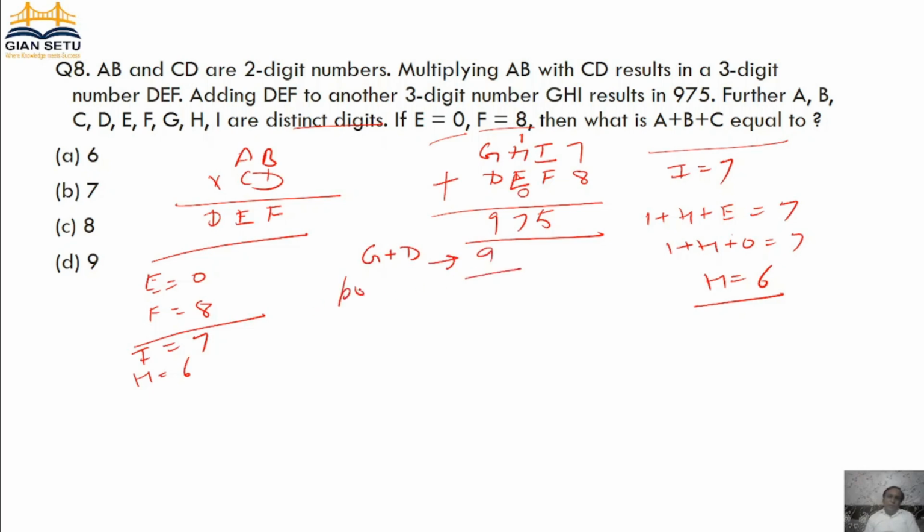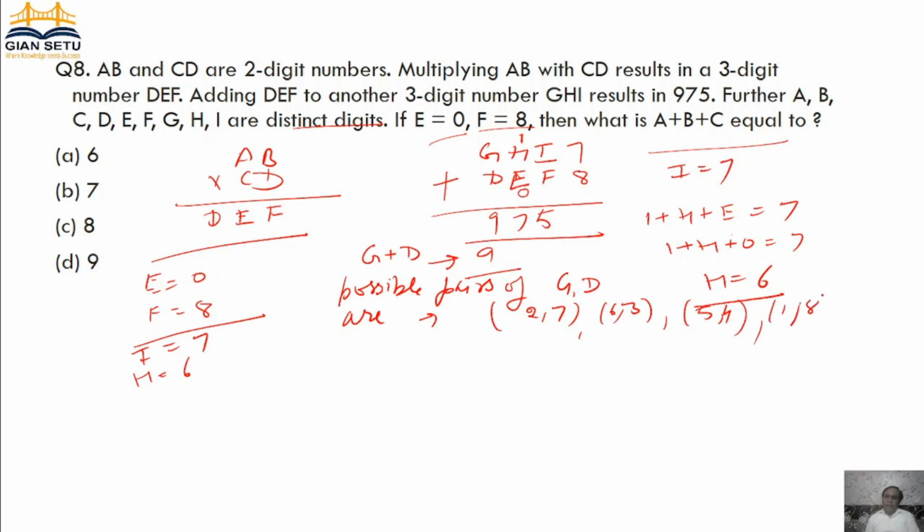So the possible pairs of G and D are 2 and 7, 3 and 6, 5 and 4, and 1 and 8.